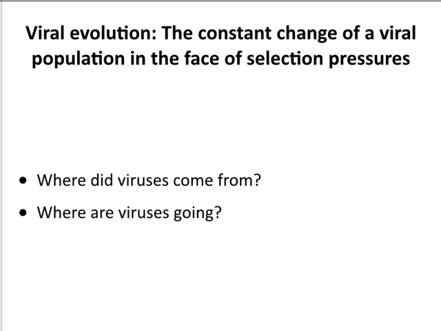Okay? So today we're going to talk about viral evolution. It's a really big topic for one lecture, but it will give you a taste of where this field is. We define it as the constant change of a viral population in the face of selection pressures. So viruses are always changing, as you will see, and there are always selections on them to select for better fit entities.